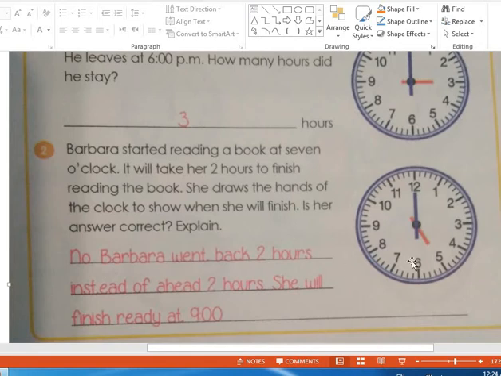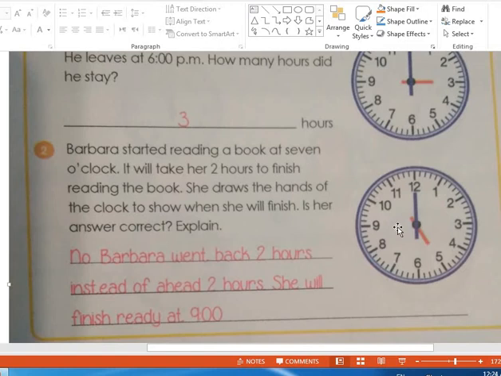And here she drew a wrong one on the clock. Why, miss, a wrong one? Because here she drew the short hand on 5, and it must be on 9, because she finished reading at 9 o'clock.